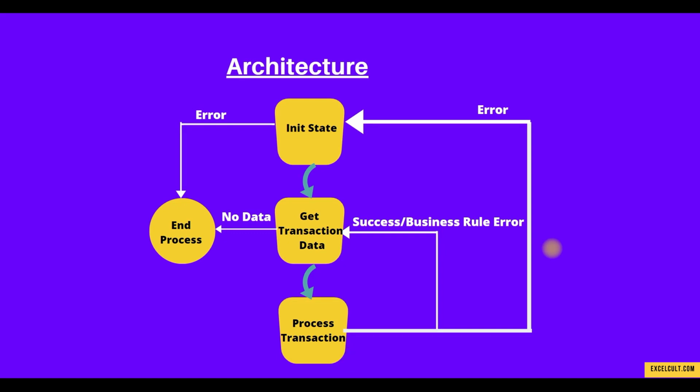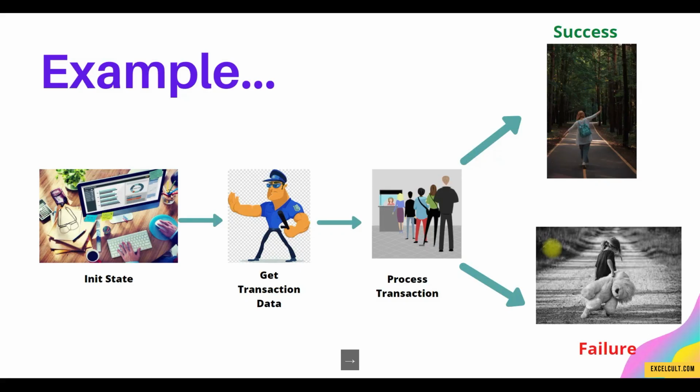Get transaction data. The next thing is process transaction, which is really an interesting part of the whole framework, because this is where the actual account creation process will happen. As you can see, process transaction is where it is happening. So here for the bank account, there are two scenarios, two chances.